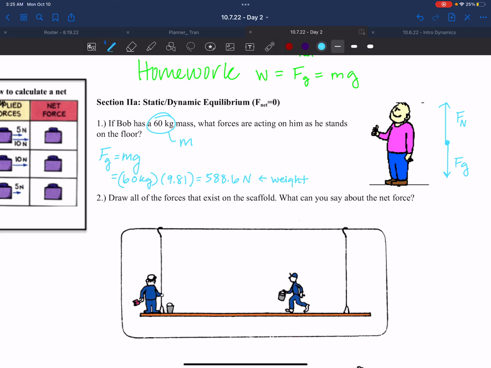Okay. So in words, I'm going to say that the force of gravity, so I'm going to use complete sentences because we're educated or whatever.